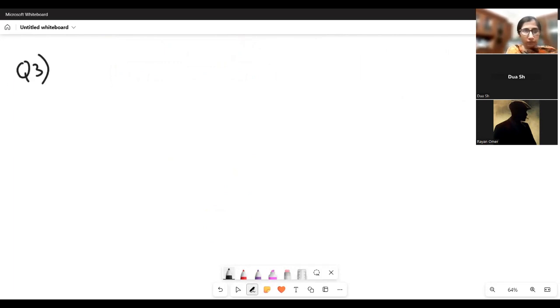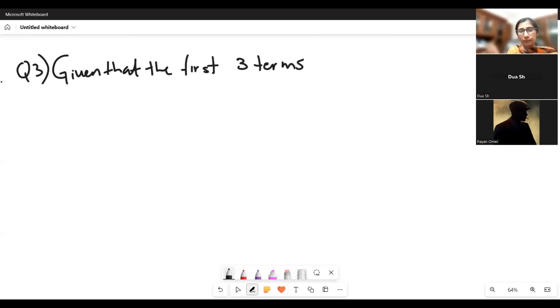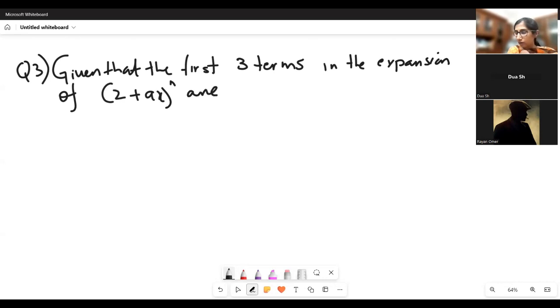Given that the first three terms in the expansion of (2 plus ax) power n are 32 minus 40x plus bx squared, find the values of n, a, and b.